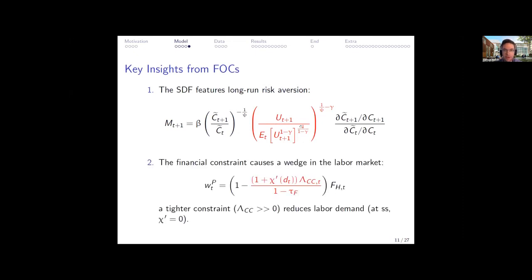Second, as in Jermann and Quadrini, we see that the financial constraint causes a wedge in the labor market. As a result, an adverse shock to internal credit conditions will cause labor demand to decline. As in Jermann and Quadrini, this is the main channel through which the domestic financial friction has a real effect on the economy.